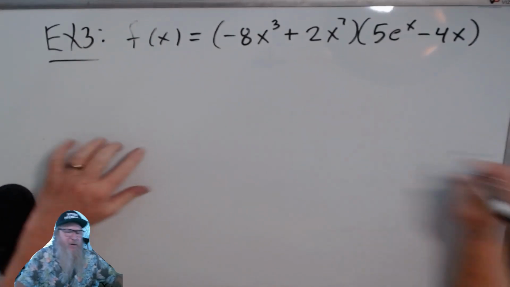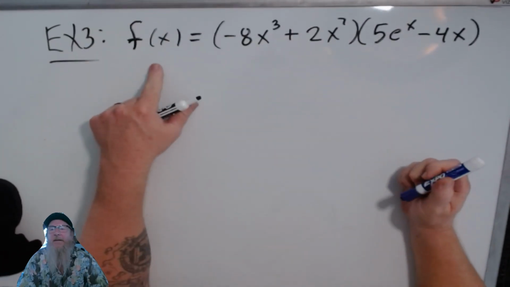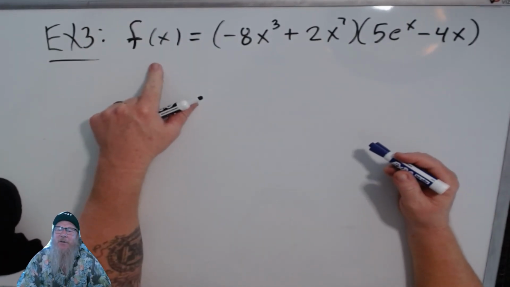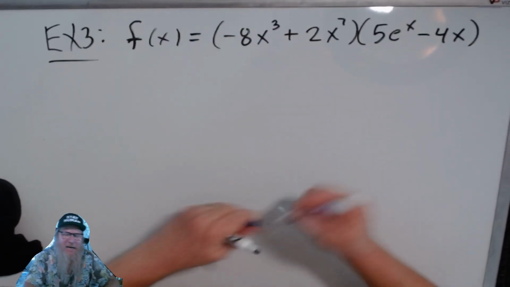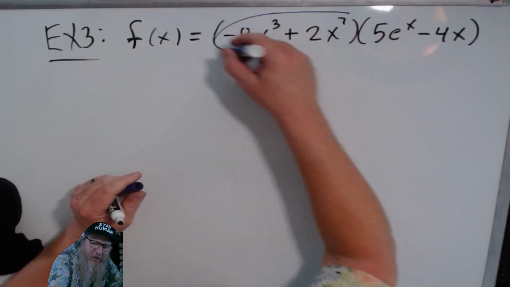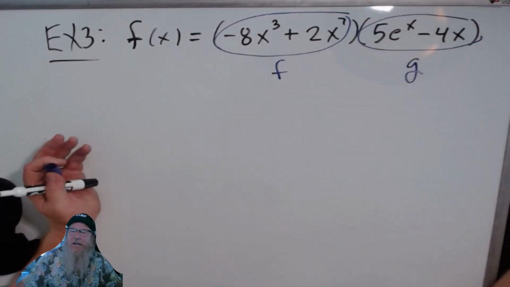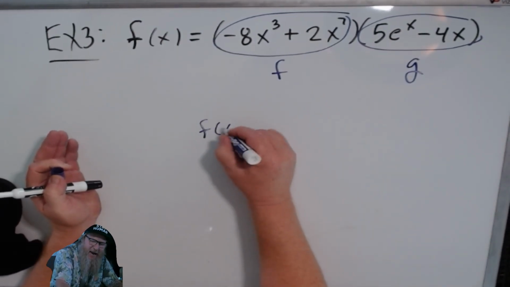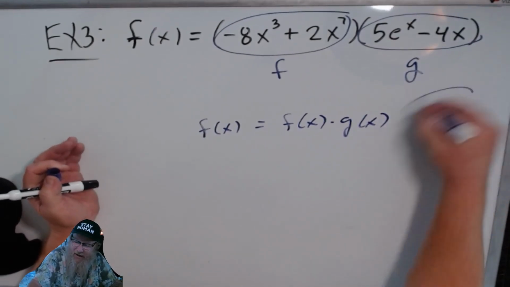So this function is already called f. So you don't really want to use f equals fg. You see how confusing that would be if you call this f and you call this g, then basically you're saying f of x equals f of x times g of x, right?